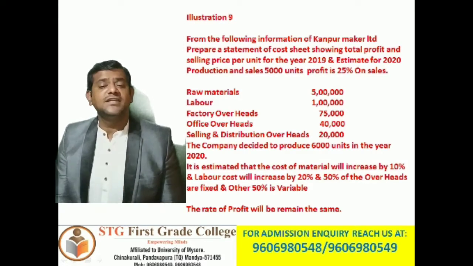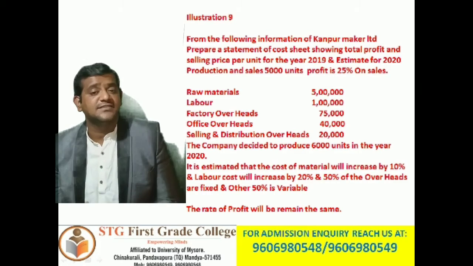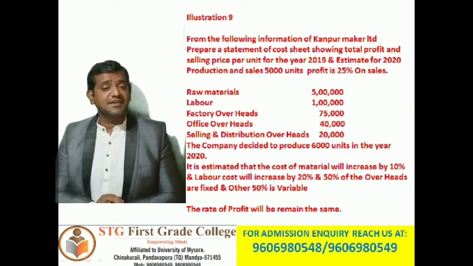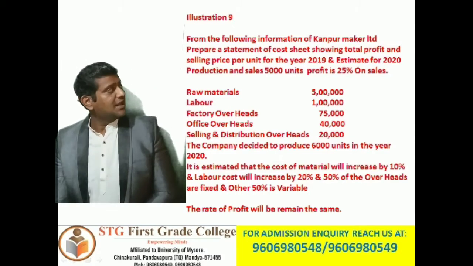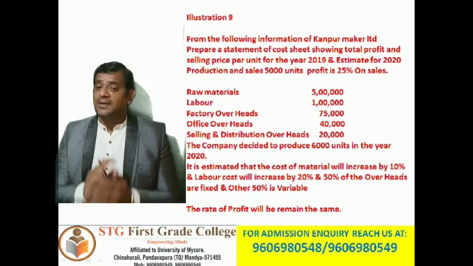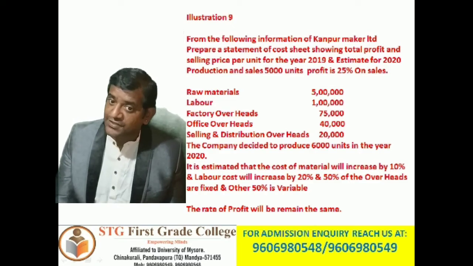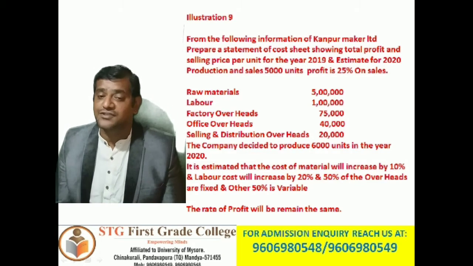So raw materials 5 lakhs, labor 1 lakh, factory overhead 75,000, office overheads 40,000, selling and distribution overheads 20,000. The company decided to produce 6,000 units in the year 2020.